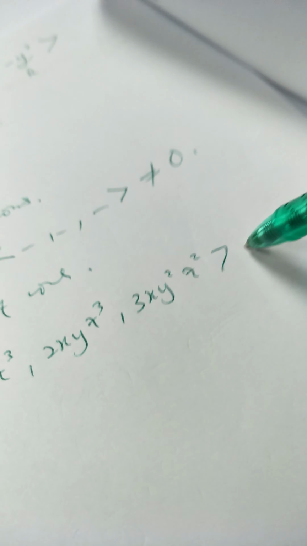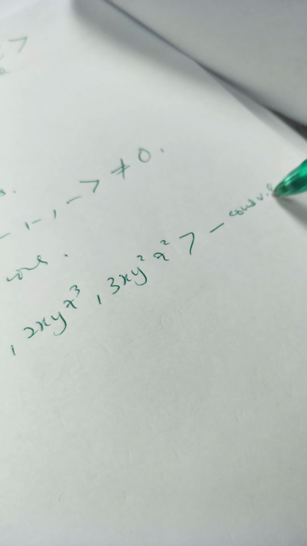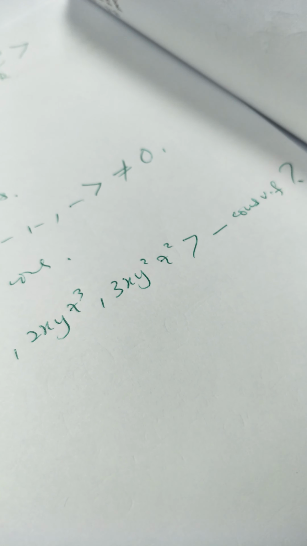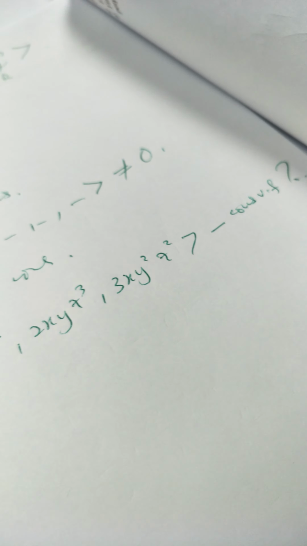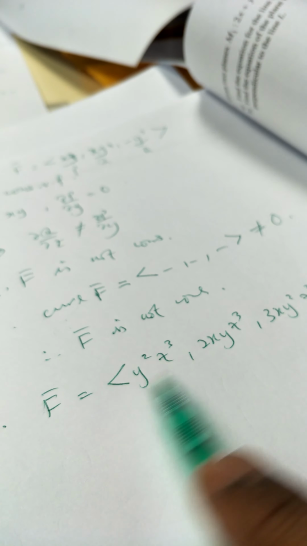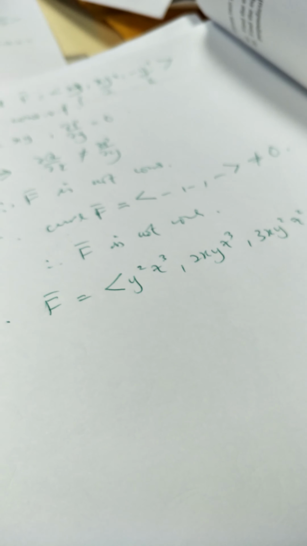Is this a conservative vector field? You can check this. How to check? Just find the curl and show that it equals 0, if it is conservative.